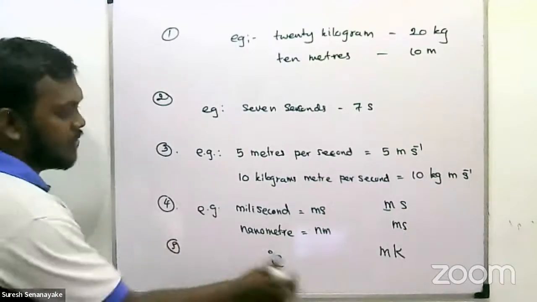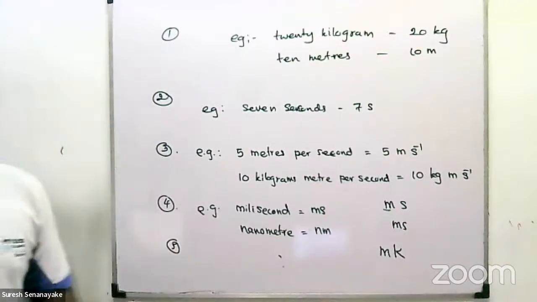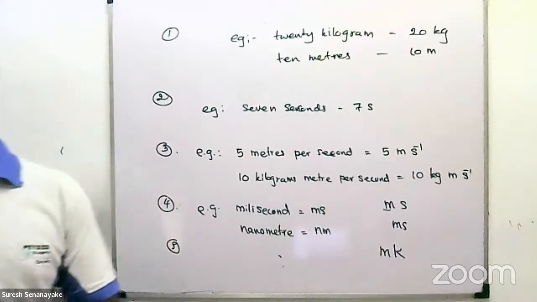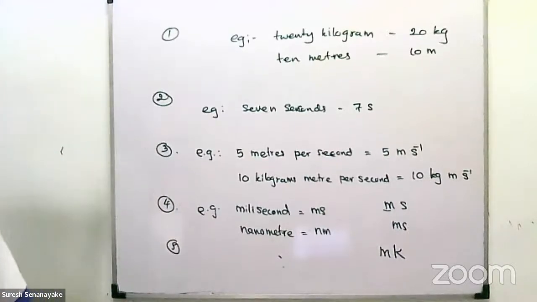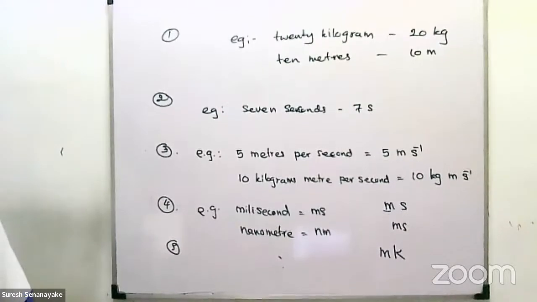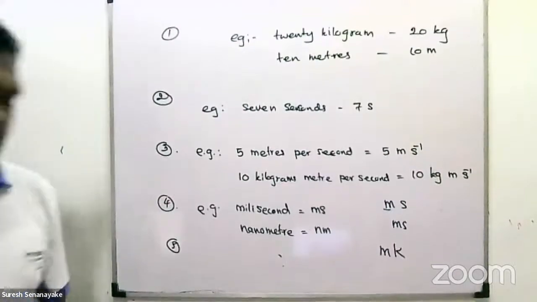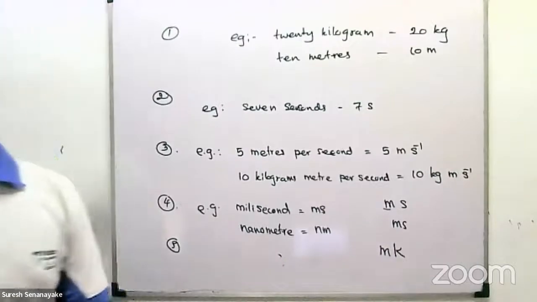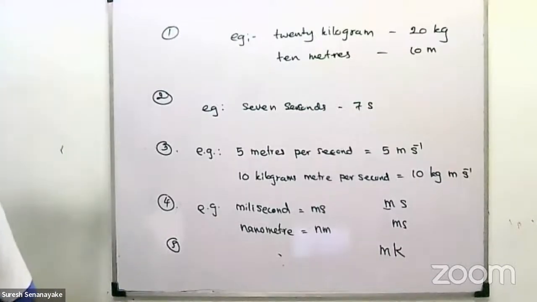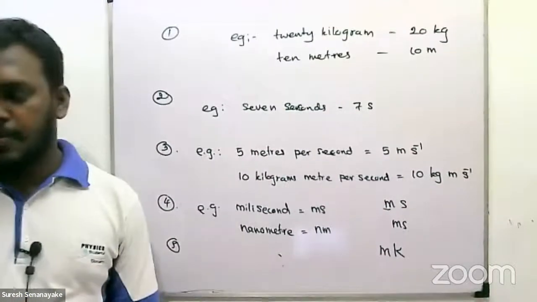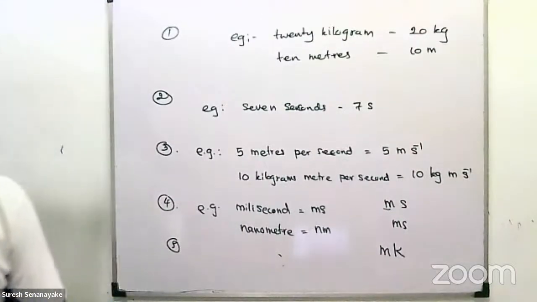Right, the fifth one. In writing temperature in Kelvin scale, no need to put a small zero to indicate degree.